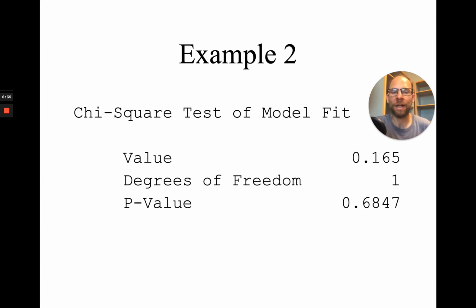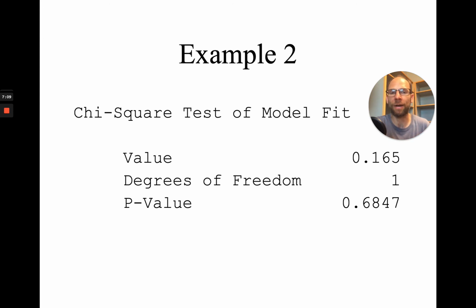Now, maybe one other caveat here: the chi-square test of model fit is affected by many factors and not just misfit. So for example, when you have non-normal data, when you have clustered data, when you have models with many observed variables, for example factor models with many indicators or many items, then that can affect the chi-square and the p-value, and that doesn't have anything to do with model misfit, but just simply with the fact that the conditions of the chi-square test of model fit may not be met with maximum likelihood estimation.